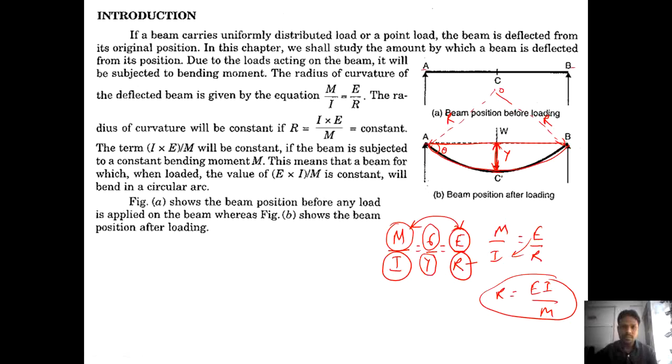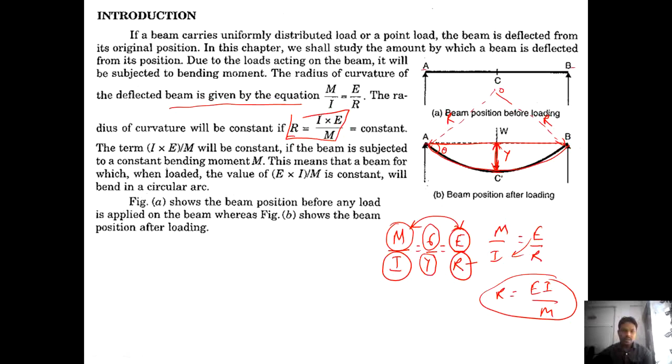Here the same part is given. The radius of curvature of a deflected beam is given by the equation M by I is equal to E by R, and the radius of curvature will be R equal to I into E by M. So this is the relation for the radius of curvature.